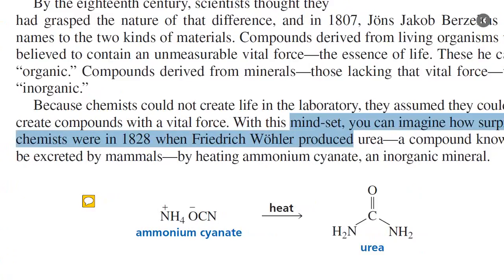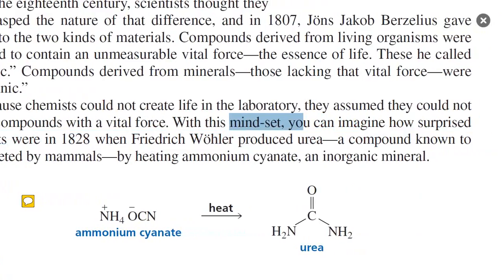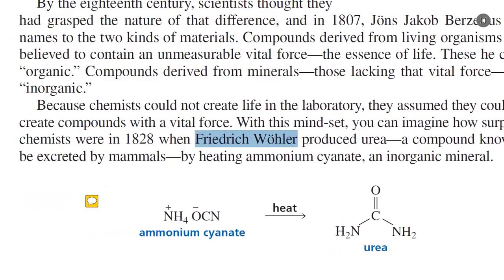But they were surprised by this mindset. They had a belief, right, that we can't make organic molecules. You can imagine how surprised they were when this scientist broke the record of their belief. Friedrich Wohler, in 1828, was doing experiments, and he came across ammonium cyanate, this little boy, and he heated it and made this molecule, urea.